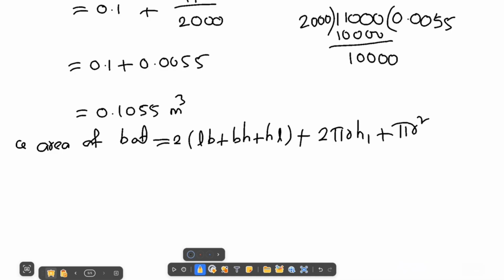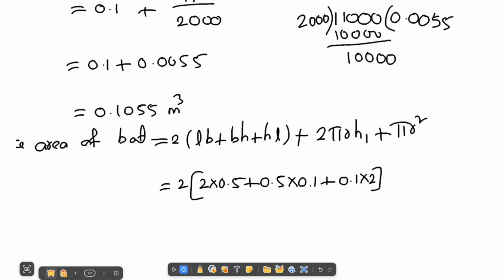Now let's apply all the values here. So 2 of LB, 2 into 0.5, BH, 0.5 into 0.1, HL, H is 0.1, L is 2.